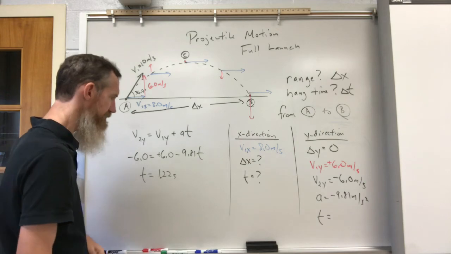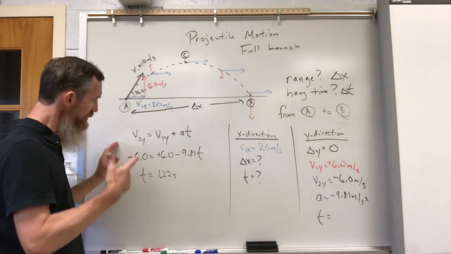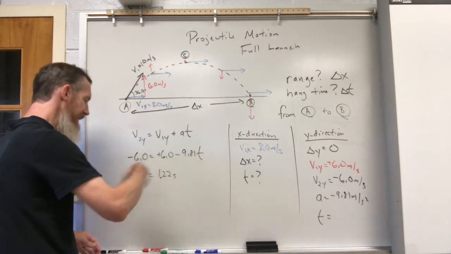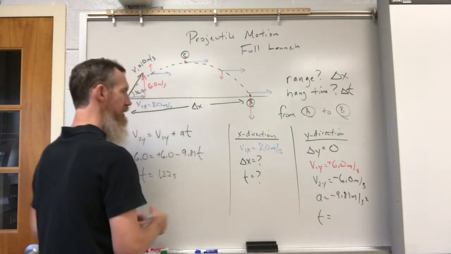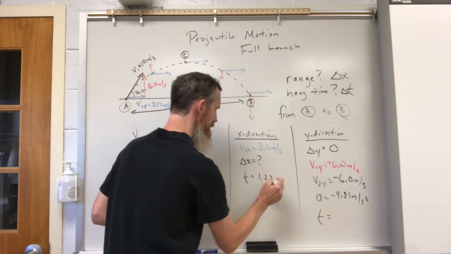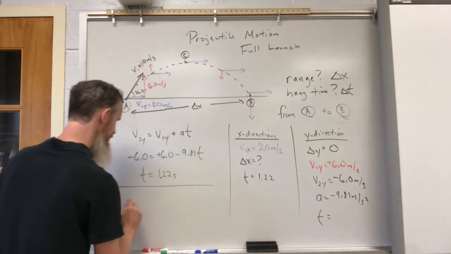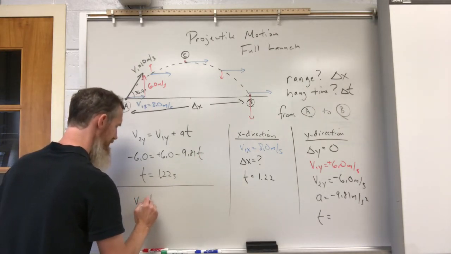All right, back to this discussion. Now that I know in this particular case it spends 1.22 seconds in the air, I can use that time, because these motions are happening at the same time, to find my range. Remember, in the X direction you're only allowed to use Vx equals delta X over t.